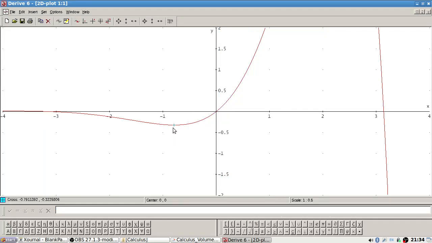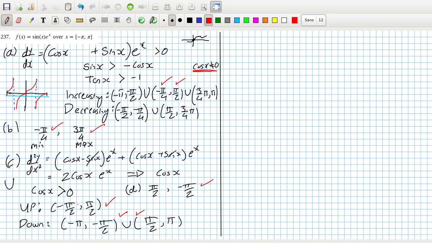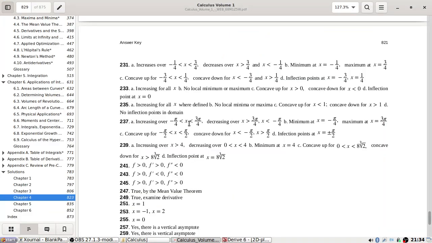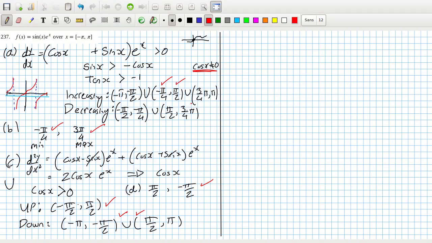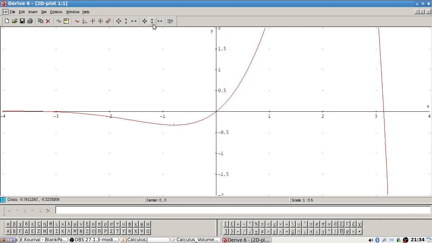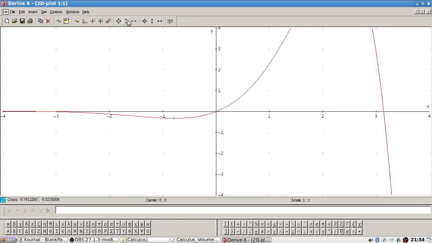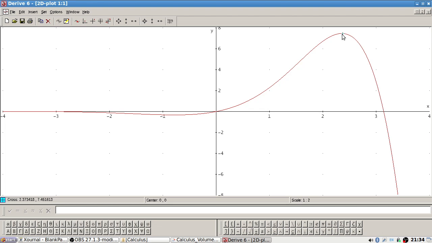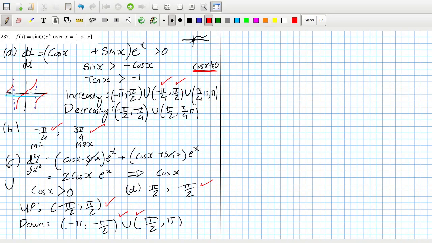Minus pi over 4 to pi over 2. But I'm wrong with the extra piece then here. Then it's increasing up until here, just 3/4 pi. Okay, so I'm doing something wrong here. So let's correct that.